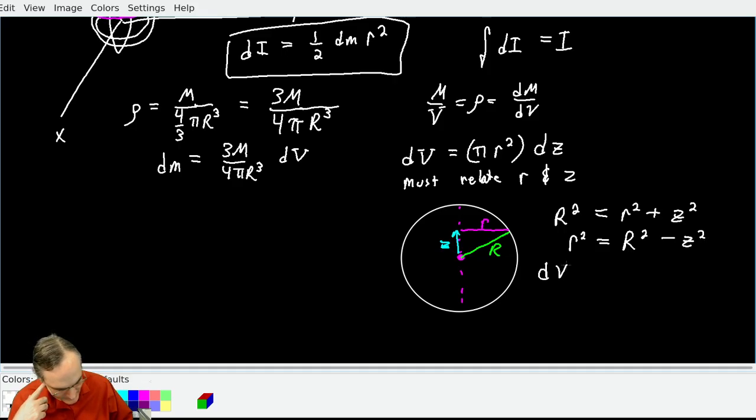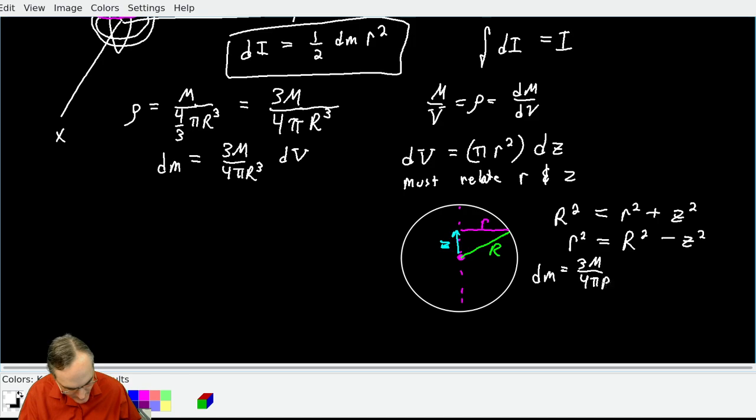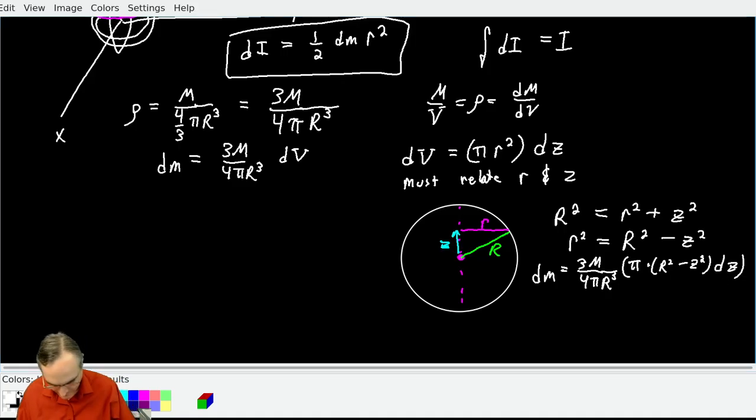So that means dV is pi... Actually, I want to do dm at this point. That means dm will be 3m over 4 pi full radius cubed times pi times full radius squared minus z squared dz. And we can cancel out that pi. All right.